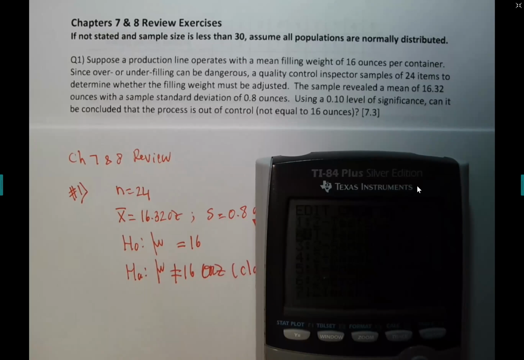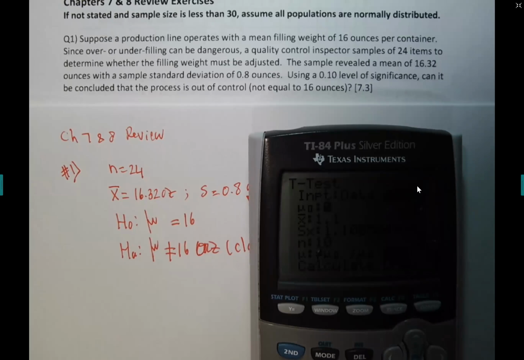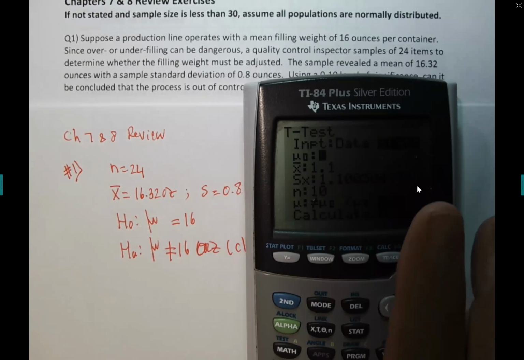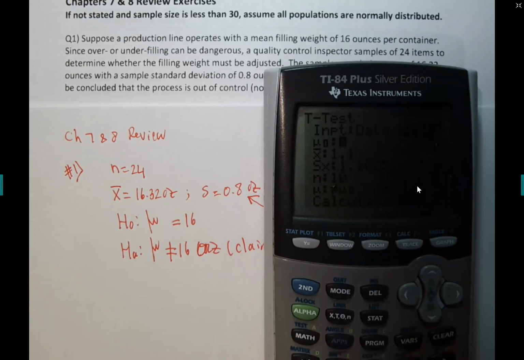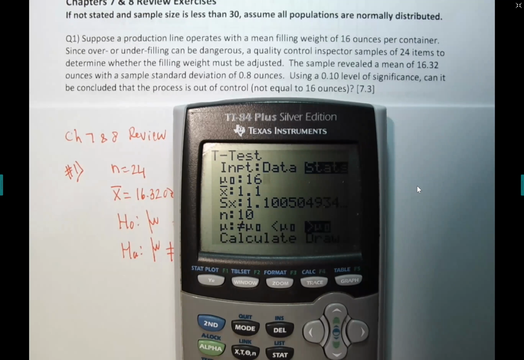Number 2. It's a summary. What we're testing against is 16, so you just put 16 right here. And X bar is 16.32.